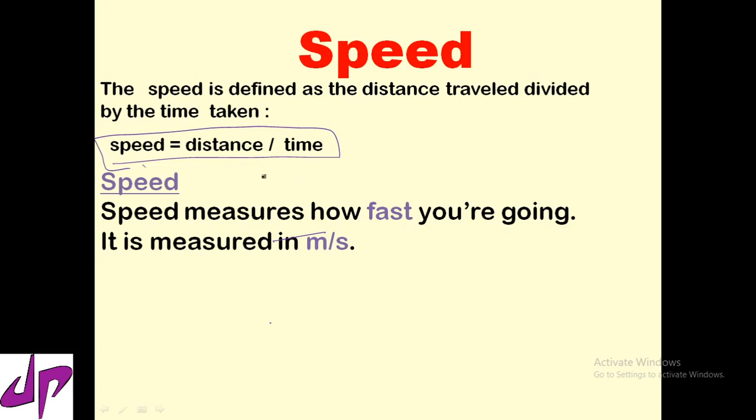By using this formula, we can measure the speed of a moving object. We measure speed in meter per second. It is the SI unit, the standard international unit. The SI unit of speed is meter per second.